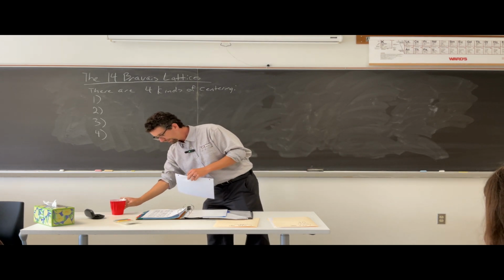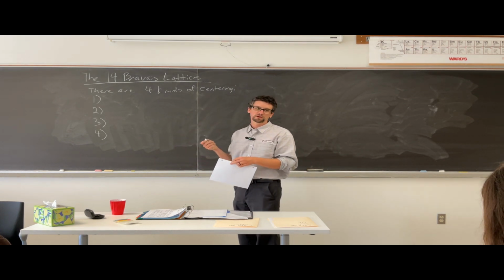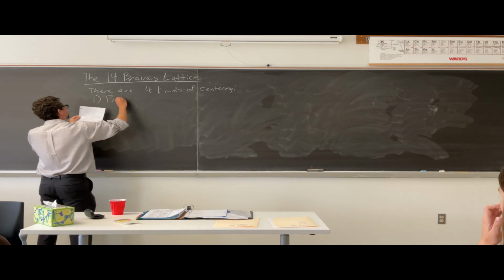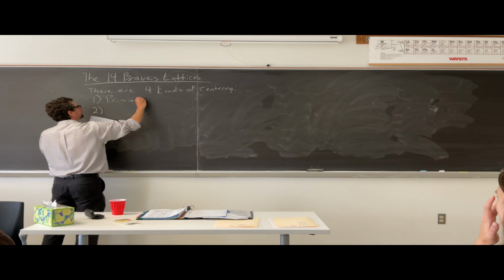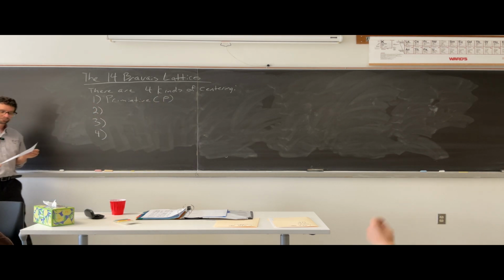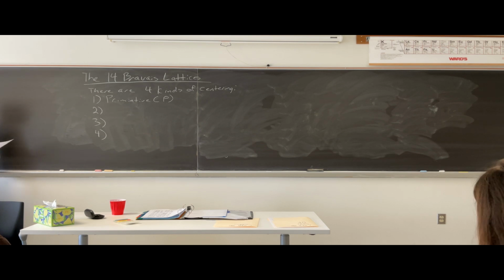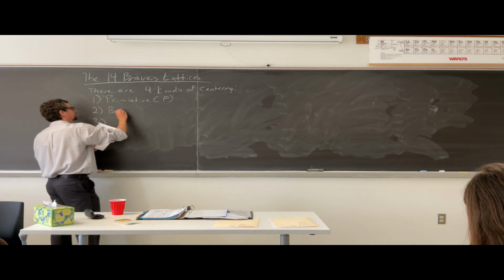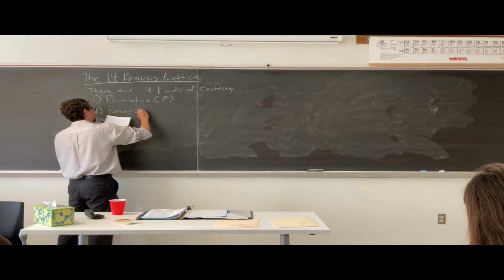Mm-hmm. So simple also gets called primitive. And we're going to give it the symbol P. What else did you say, Joe? Yep, base-centered. We didn't talk about that in Gen Chem.